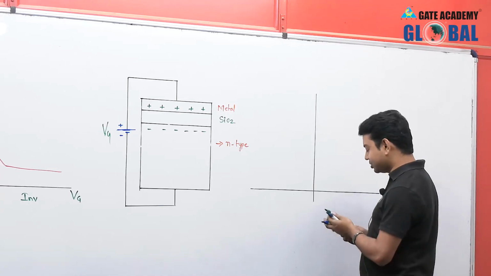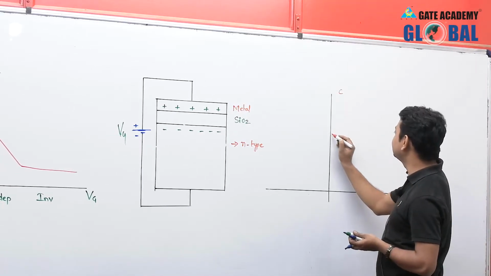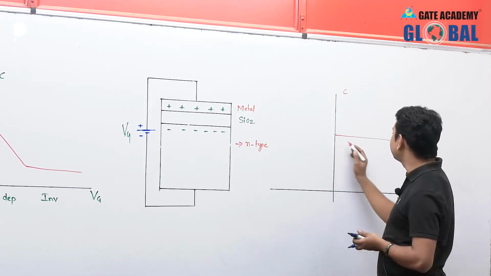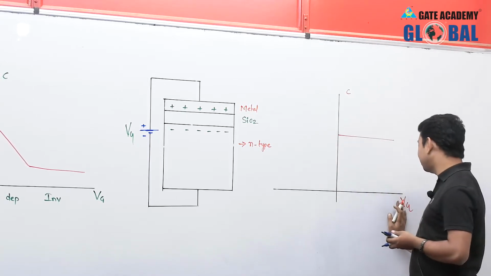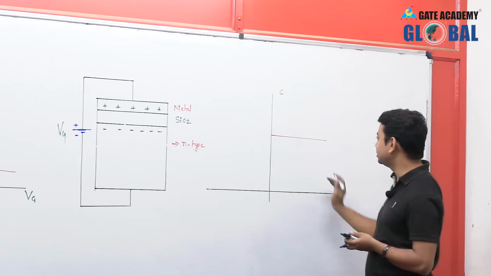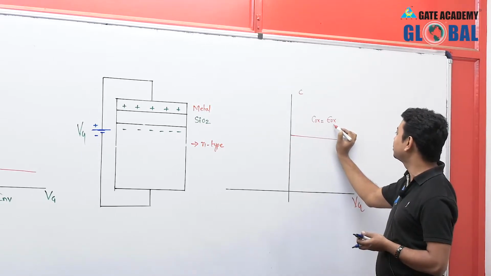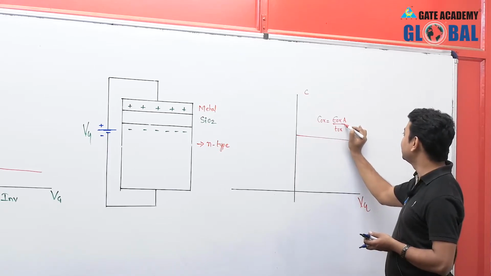This is Vg and this is the capacitance. Now the characteristic will be like this. That means we are having a constant capacitance with the gate voltage Vg, and this capacitance is again COx, which is equal to epsilon Ox divided by the thickness of the oxide layer, times the cross-sectional area A.